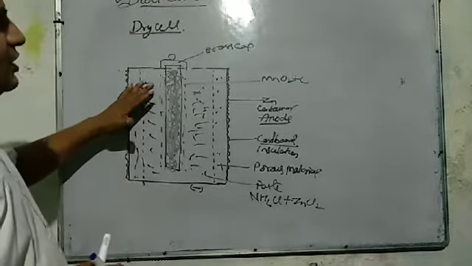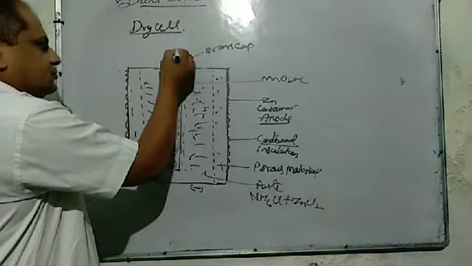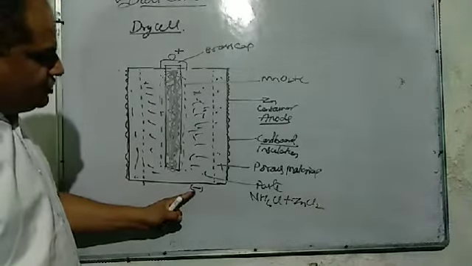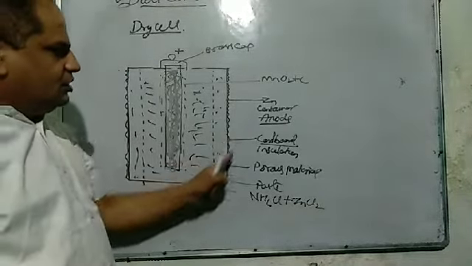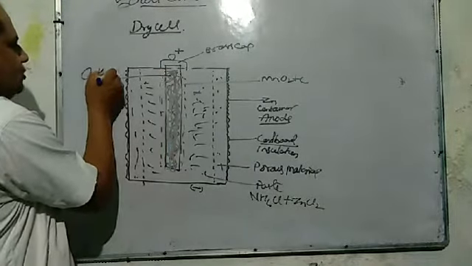So this is the structure of the dry cell. This is the positive end of the battery, acting as cathode, and the zinc container is the negative end, acting as anode.